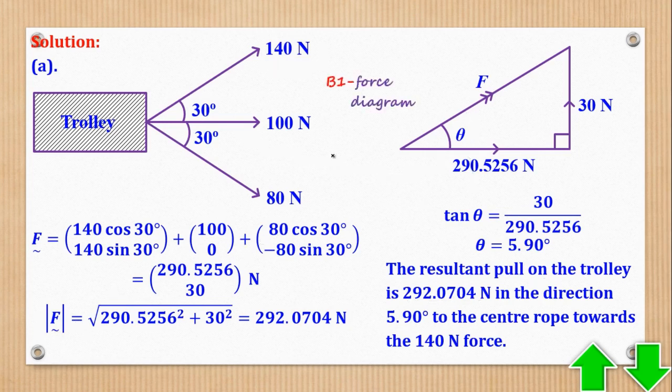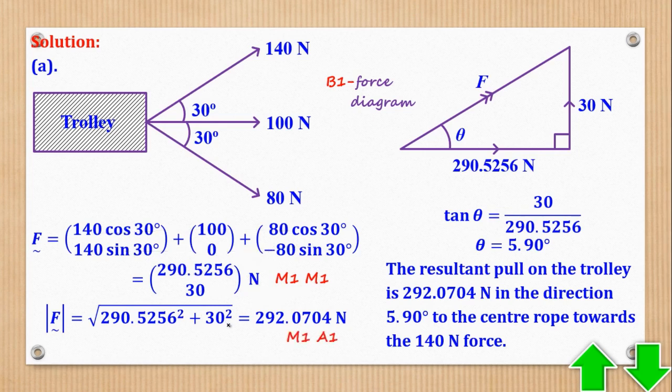The first mark was for a correct force diagram. By the word correct, I mean you have to use a ruler to draw the force diagram. Then M1 was for resolving horizontally and getting the output correctly. The other M1 was for resolving vertically and getting a correct output.